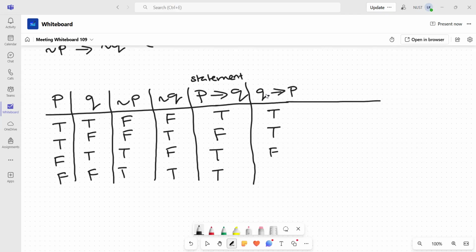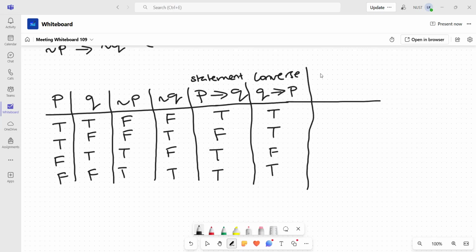So remember, our implication is only false when the first statement is true but the conclusion is false. And when they're both false, this is also true because in a way we have not tested whether the promise has been broken or not. So this is the converse.